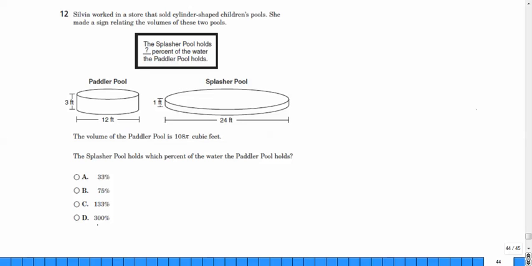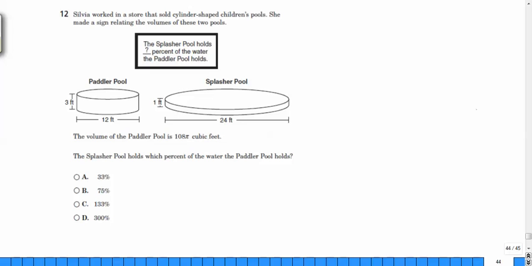And the question is, how should we start? What can we do in here? Now, you guys know that if you have to compare two quantities and find out what percent of the other one it is, you need to know the relation.